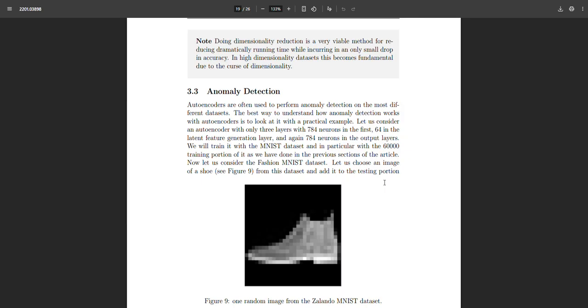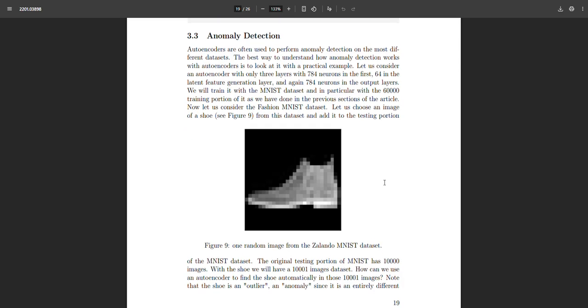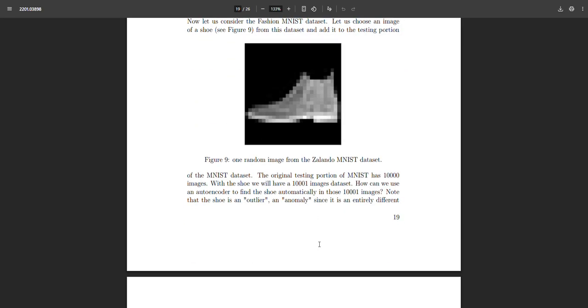When you present the model with a completely novel, unusual, or anomalous input, let's say an outlier, it struggles to reconstruct it because it lacks the necessary features in its latent code. This failure to reconstruct results in a high reconstruction error, which flags the input as an anomaly. We'll see a practical example using the MNIST dataset.